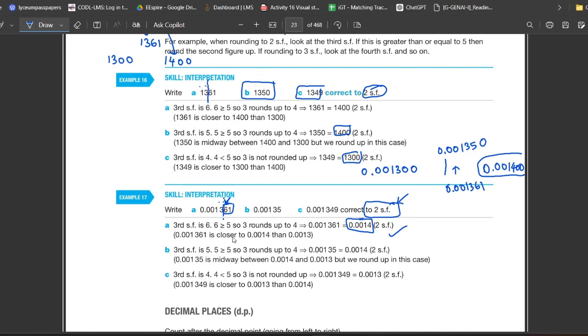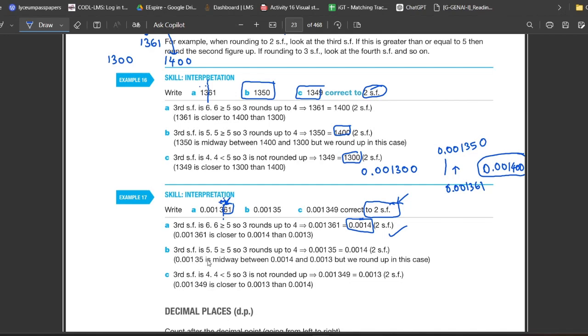The third significant figure is 6 and it's greater than 5, so we get the upper one as the answer.